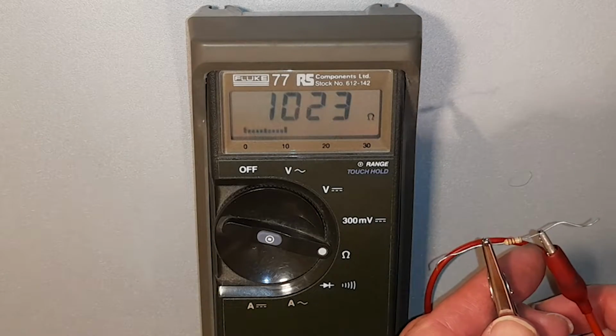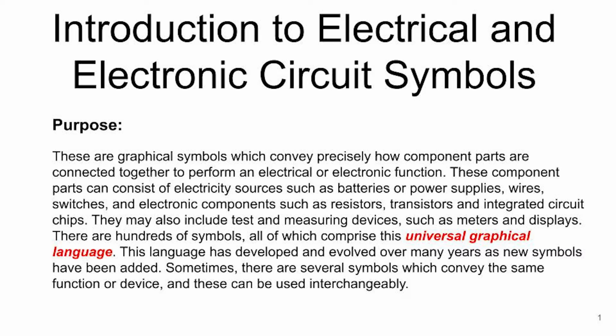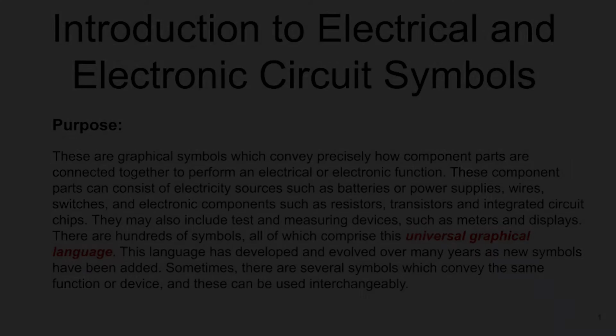There are hundreds of symbols, all of which comprise this universal graphical language. This language has developed and evolved over many years as new symbols have been added. Sometimes there are several symbols which convey the same function or device, and these can be used interchangeably.